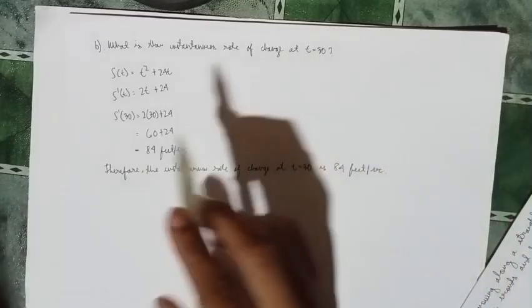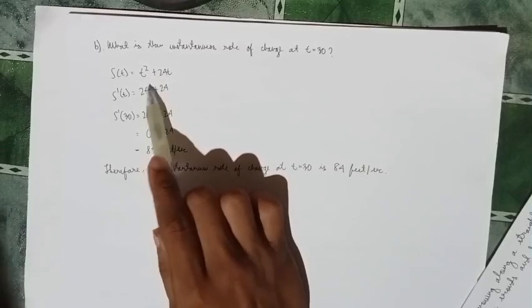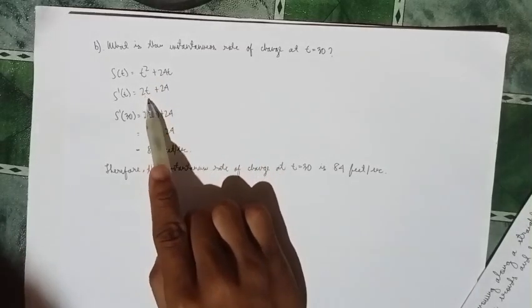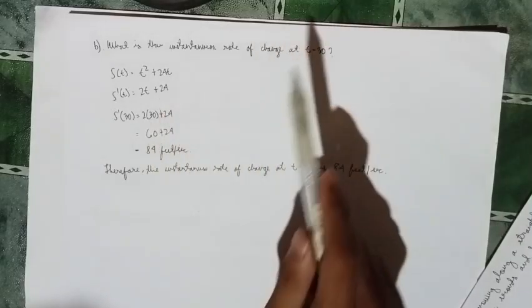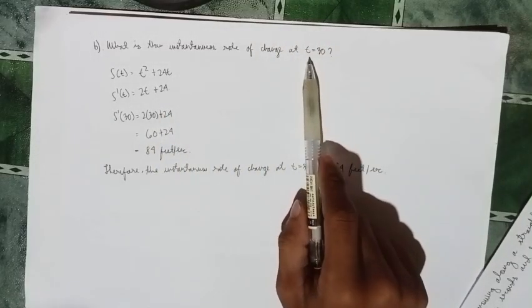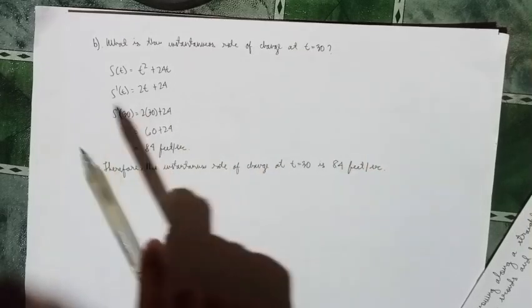So the first derivative of t squared plus 24t is 2t plus 24. After that, we have to substitute the 30, since we want the rate of change at t is equal to 30.